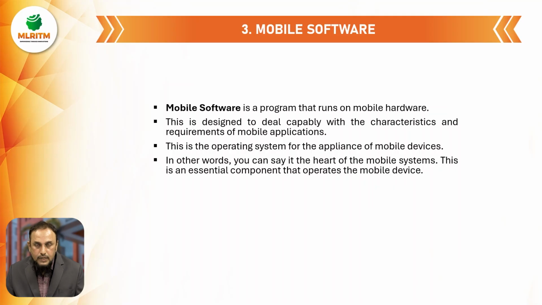Apple iPhones use a different operating system, iOS. BlackBerry phones use the BlackBerry operating system. That's why the operating system is an essential part of mobile computing. Software is the heart of mobile computing. Without the software, we can't run the hardware.